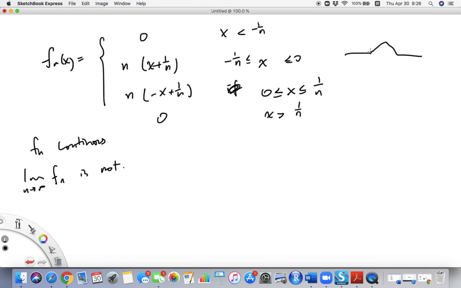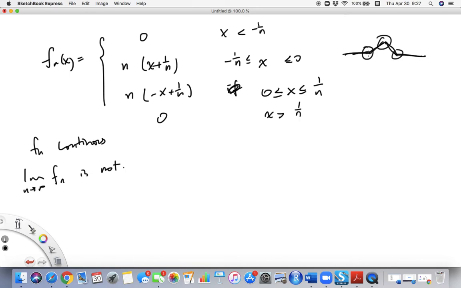So this part is fine, this part is fine, this part is fine. So you have to check those points, right? So let's do that. When x goes to minus 1 over n from the left, it's equal to 0. From the right, you just plug in x equal to minus 1 over n, then you have n times that, and that's equal to 0, right?